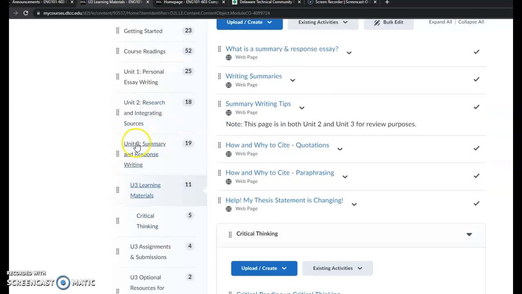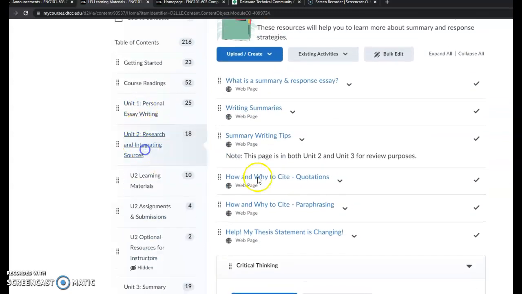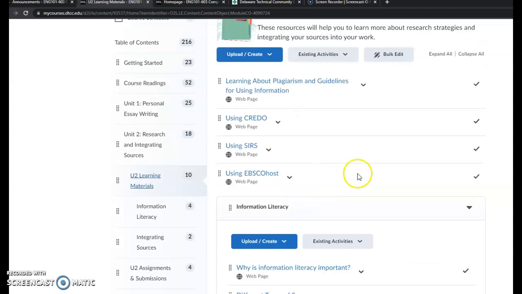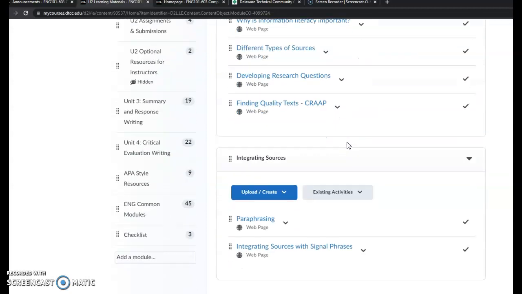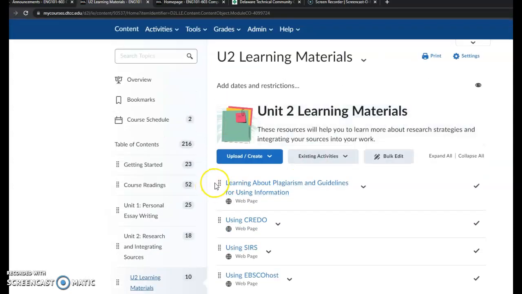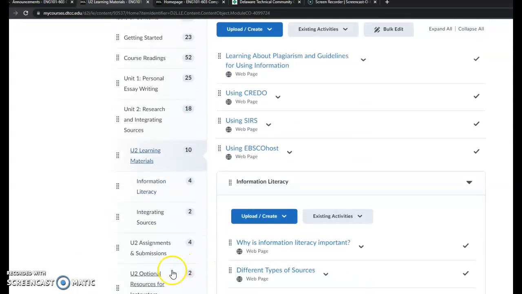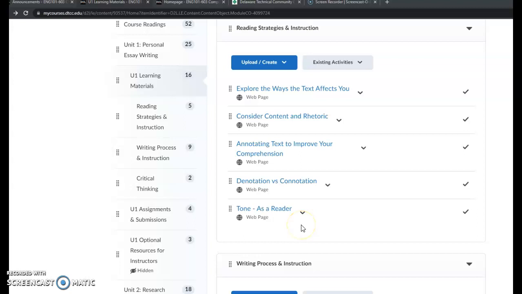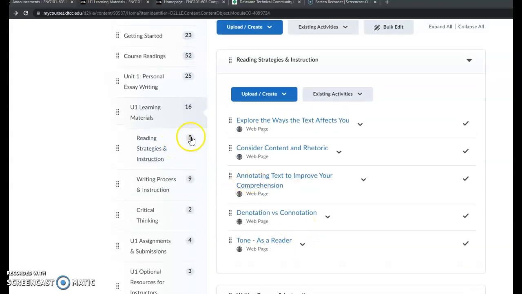I think it's in Unit 2. I actually paused it for a second so I could back it up. It's further back than that.